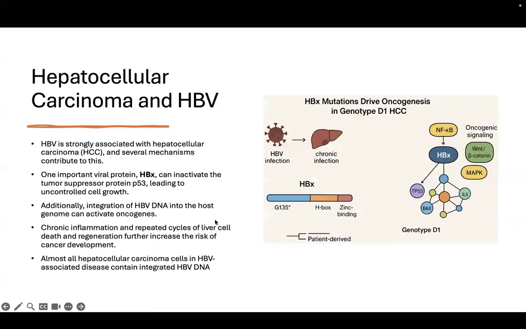And of course, two things can happen here. Your immune system keeps bombarding your liver, and this causes cancer. A chronic inflammation can really cause cancer. It can drive oncogenesis. But also, the hepatitis B virus has a protein called HBx.